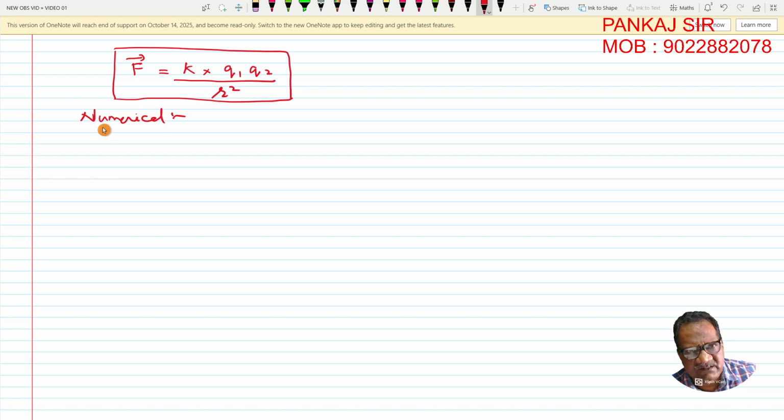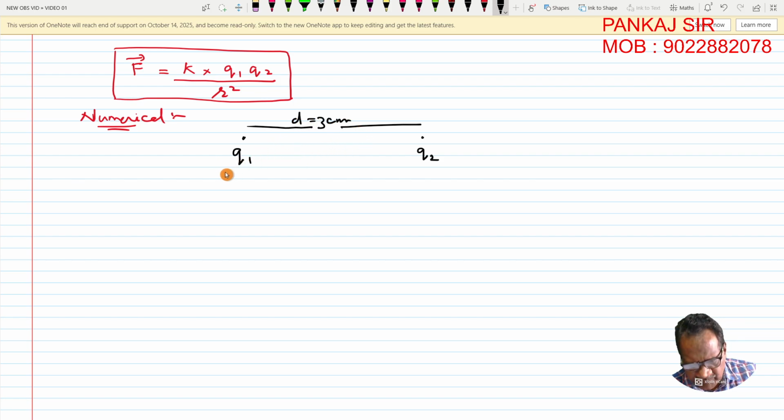Now the numerical says that say there are two charges, Q1 and Q2, and the distance between these two charges is 3 centimeter.